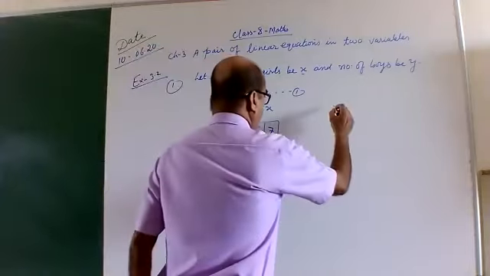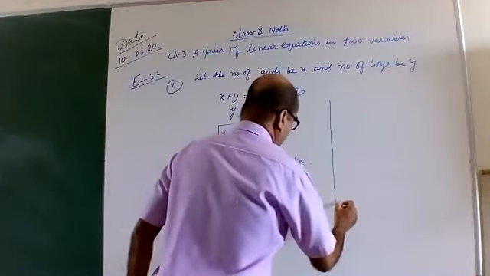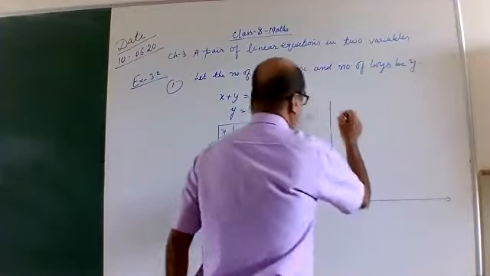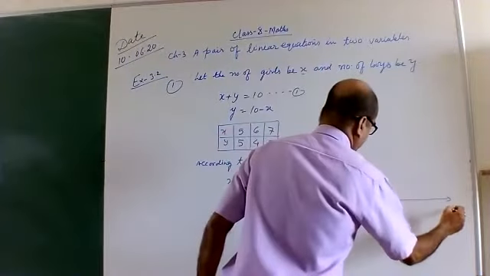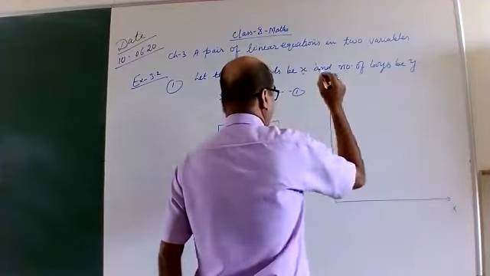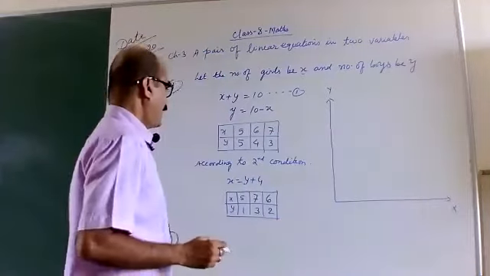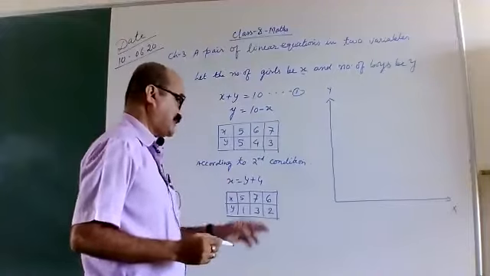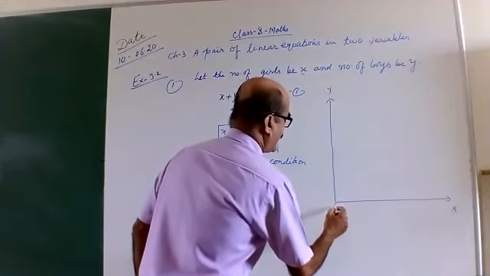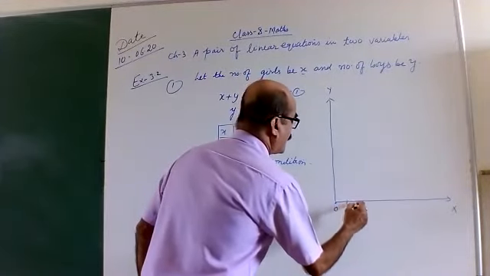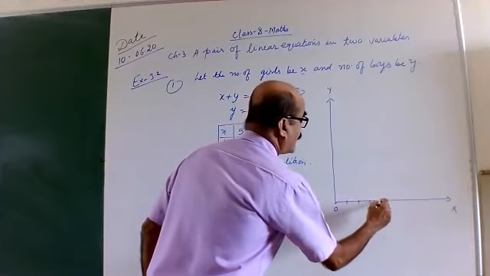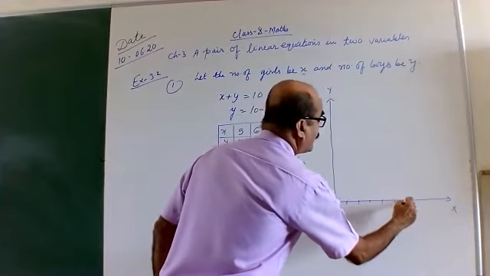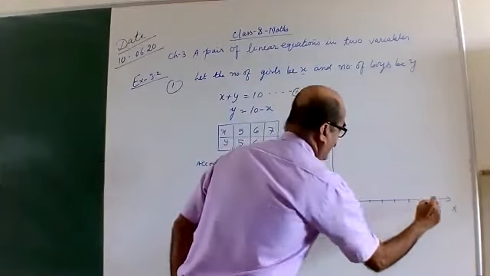So I am drawing the graph here, x-axis and y-axis. Now the points on the x-axis are 5, 6, 7. So you can take here 0, 1, 2, 3, 4, 5, 6, 7, 8.